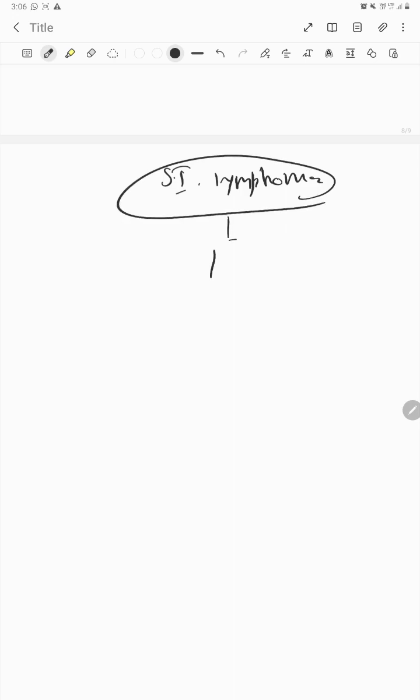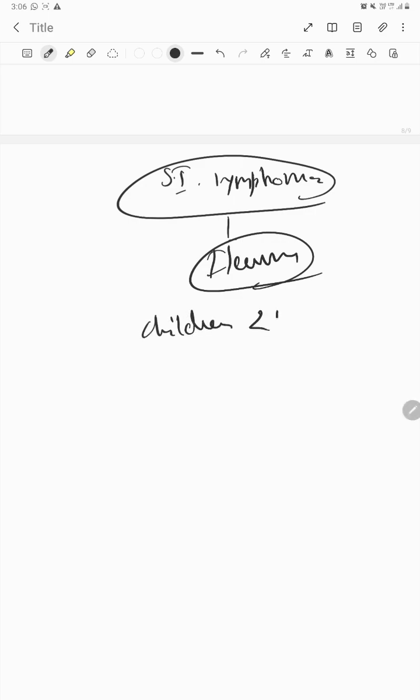Then something I want to tell about your small intestinal lymphoma. The most common site for small intestinal lymphoma is your ileum, and I've already told Burkitt's lymphoma is also common, can present in your ileum like terminal ileal mass, and it is most common in children of less than 10 years.